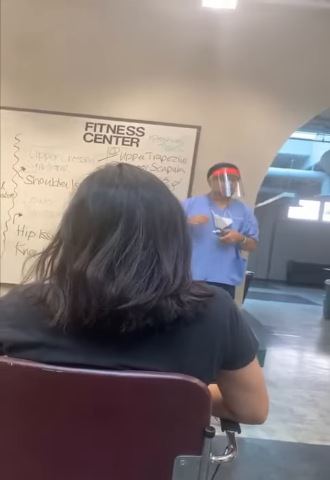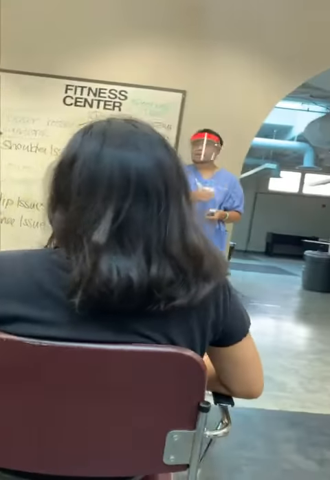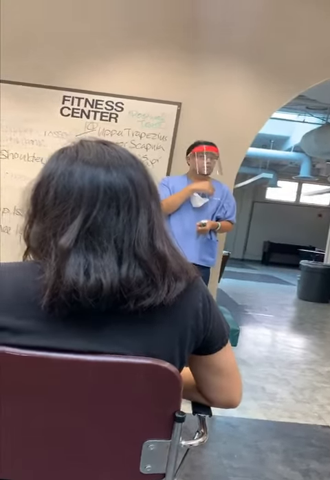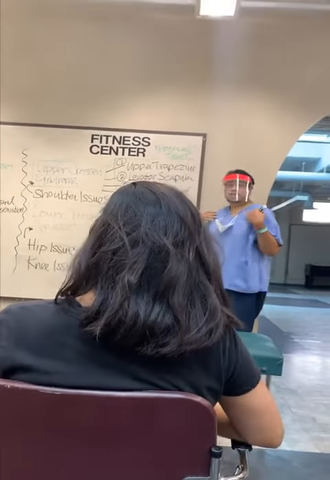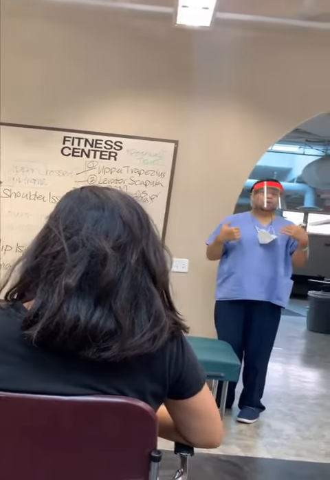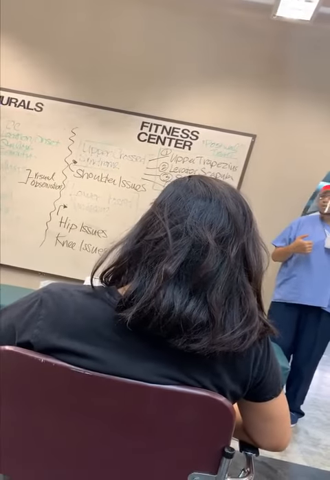But if one side is working, it's going to either rotate it to the side or bend it. Looking at the shoulder, is that high? Shoulder high, head tilt, right?